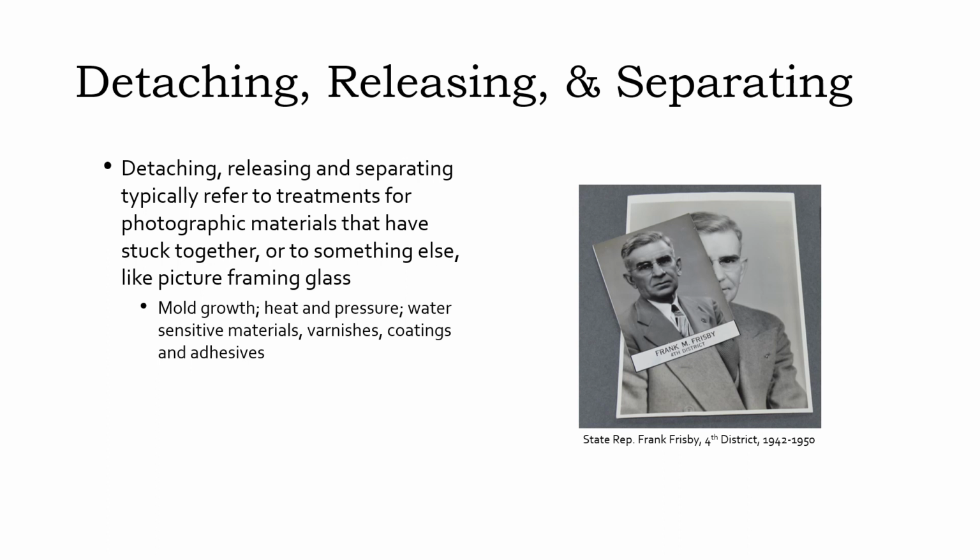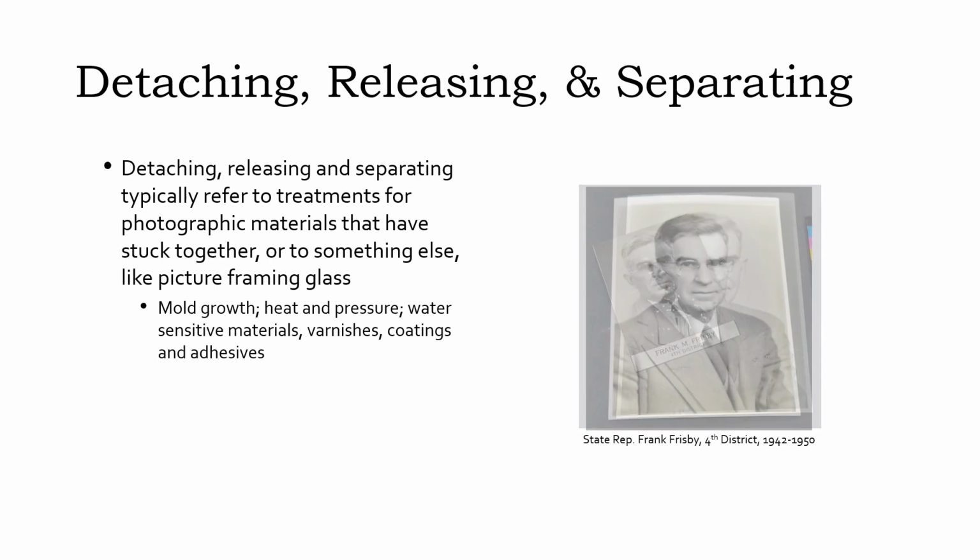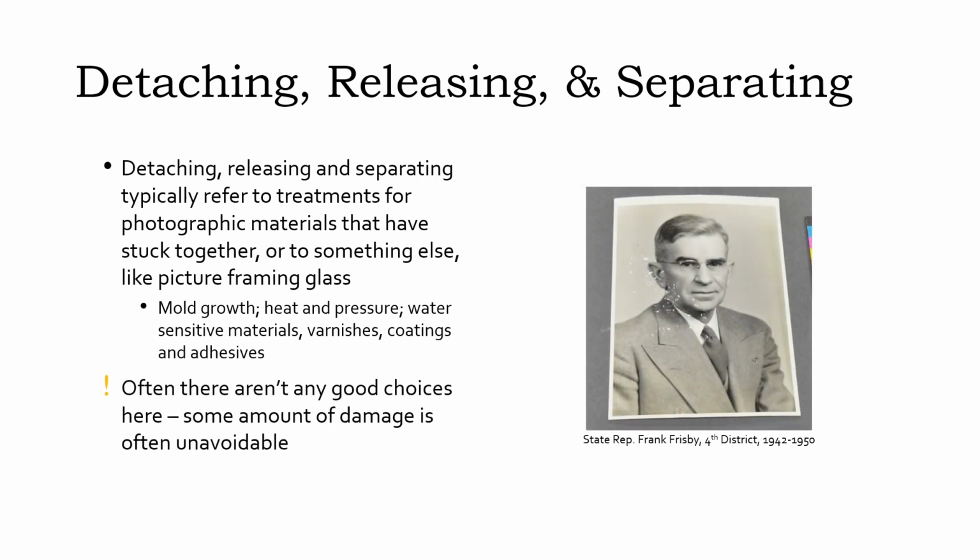When they came for conservation, parts of the image layer had already become detached from the larger photo. Separation involving an image layer almost always results in some unmitigated damage. We were able to separate these two photos and reattach the major fragments of the image layer, but as you can see, there remain small losses.